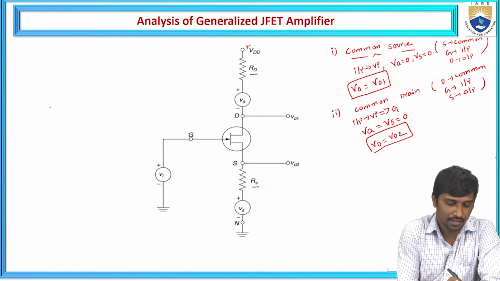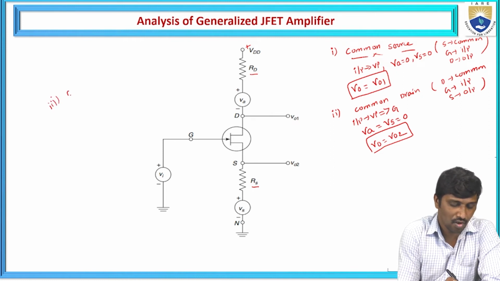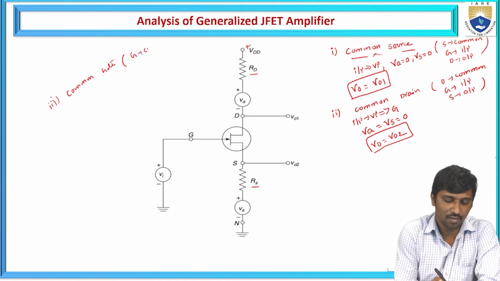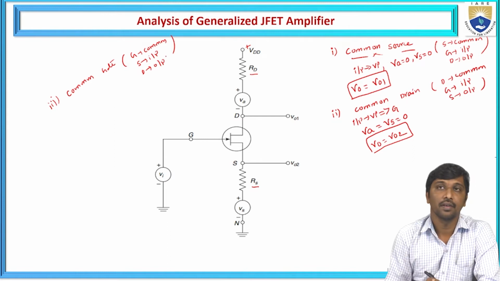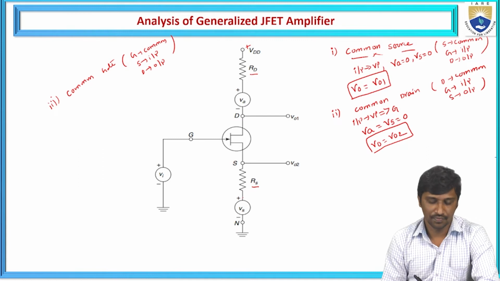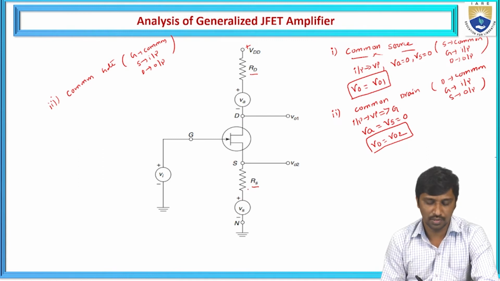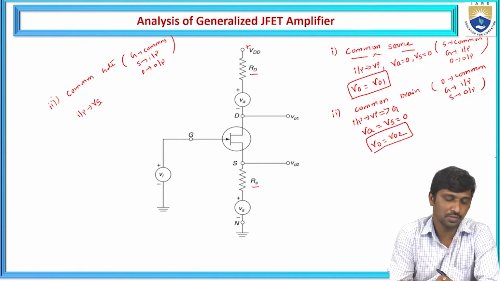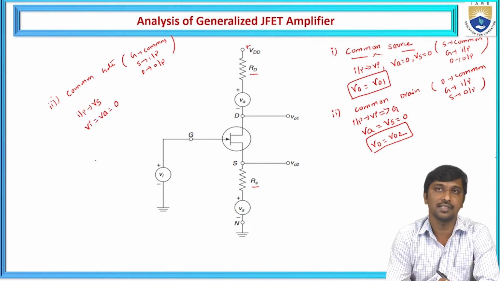And similarly, if you want to satisfy a common gate amplifier from this generalized model, the gate terminal is common, the source acts as the input, and the drain acts as the output. So from this generalized representation, we now need to pass the input towards the source terminal. Hence, the input is passing through the voltage source Vs, which means Vi and Va we need to assume as zero.